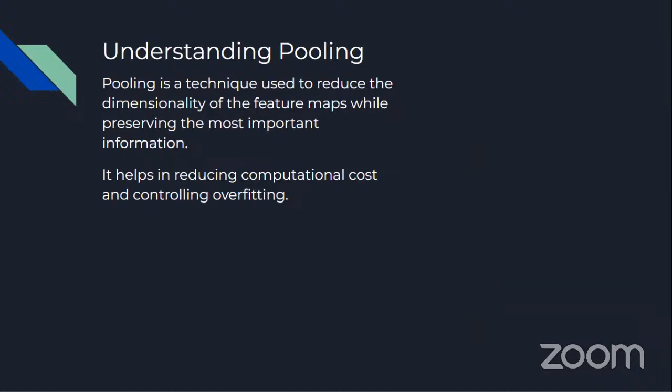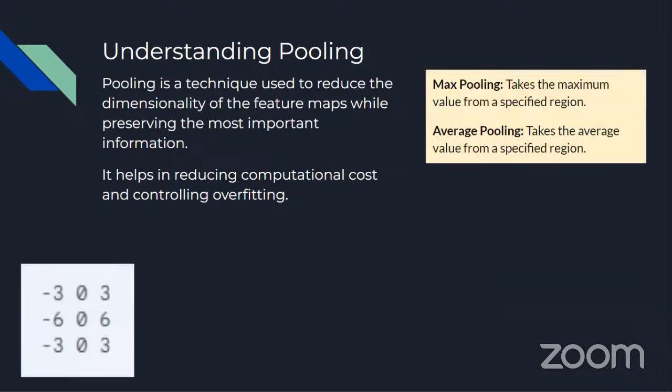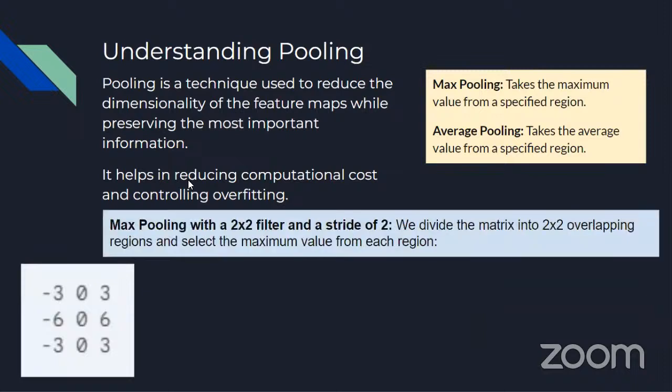The next step is to use pooling. Pooling will reduce the feature map and preserve the important features. How do we do that? We use either max pooling or average pooling. Let's suppose this was my image. Now it is again a filtering process. In max pooling, we are using a 2 by 2 filter and a stride of 2.